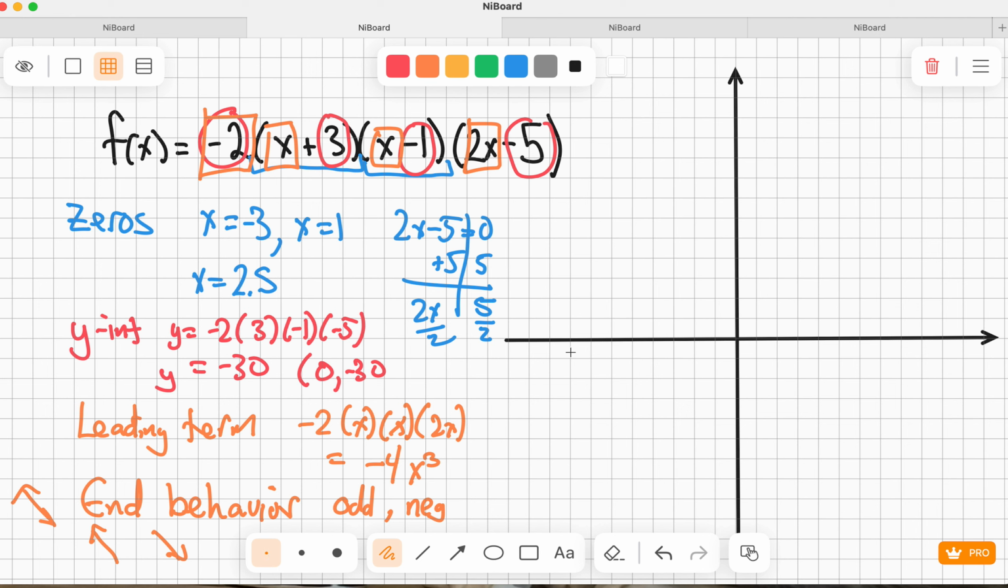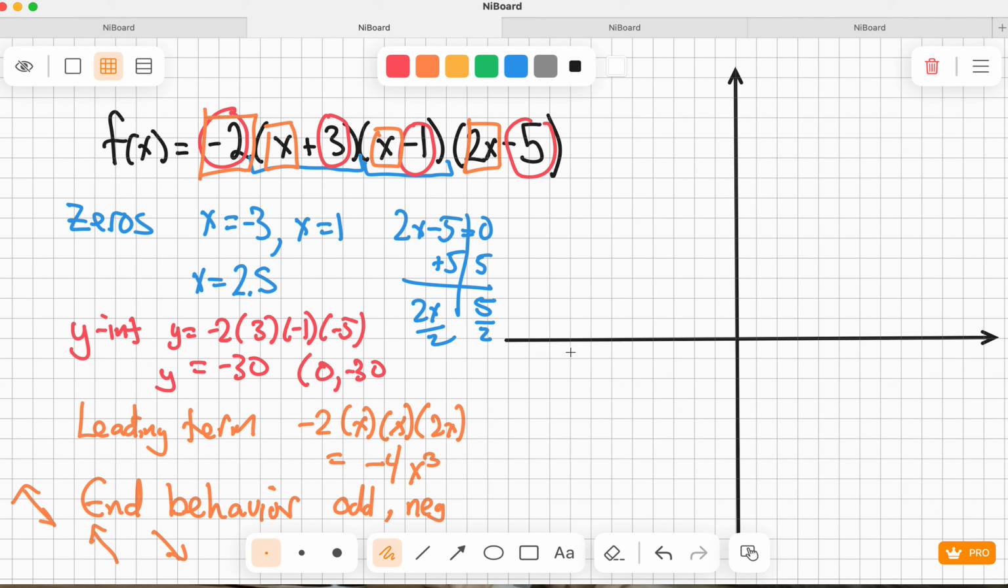On the y-axis, I know I have to go down to at least negative 30. So I'm just going to go negative 10, negative 20, negative 30. I don't really know how far it's going to go down, how far it's going to go up, but that gives me at least a place to start.